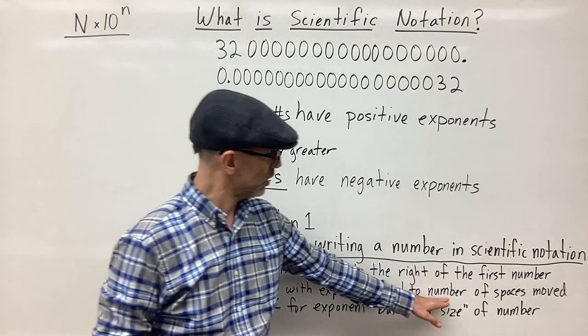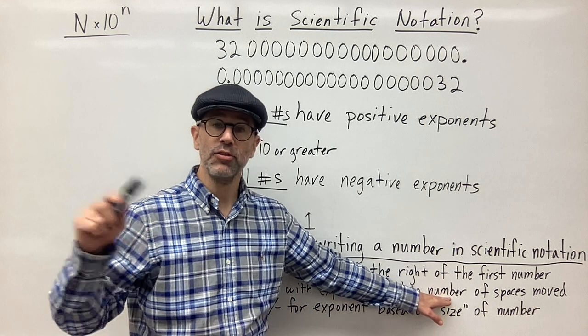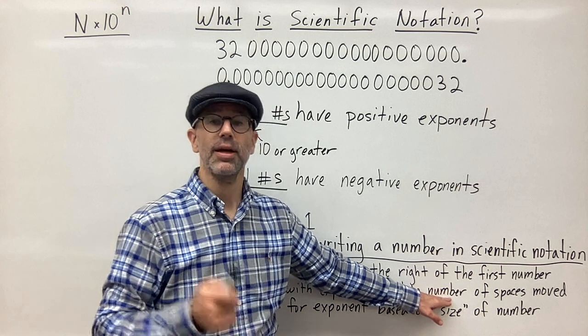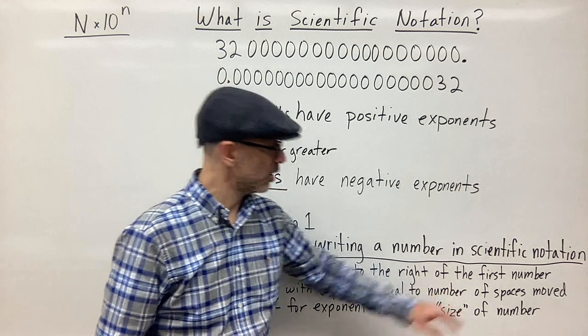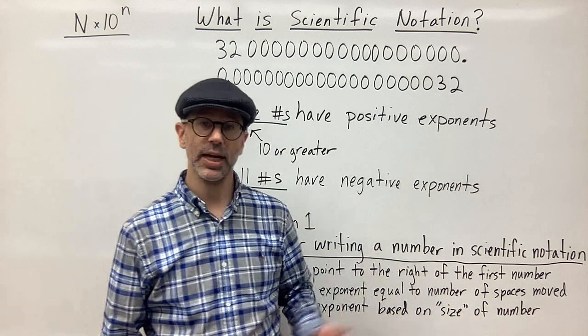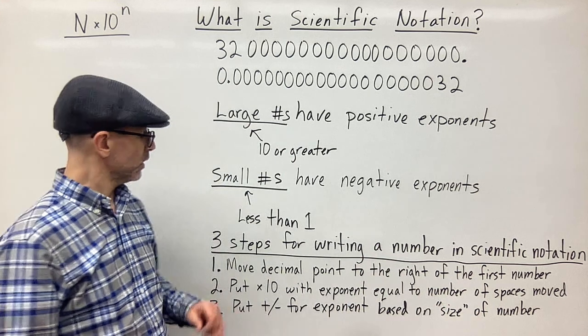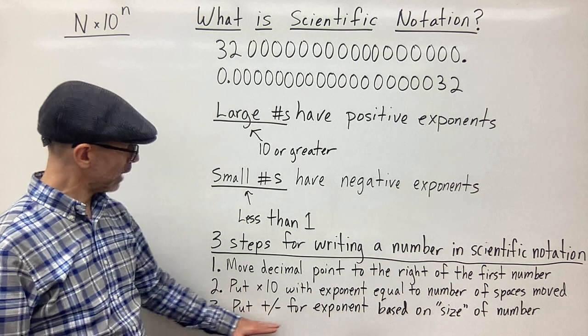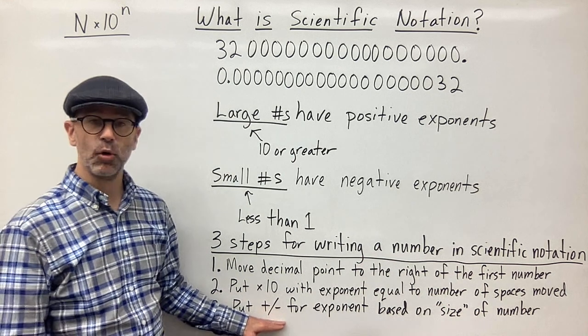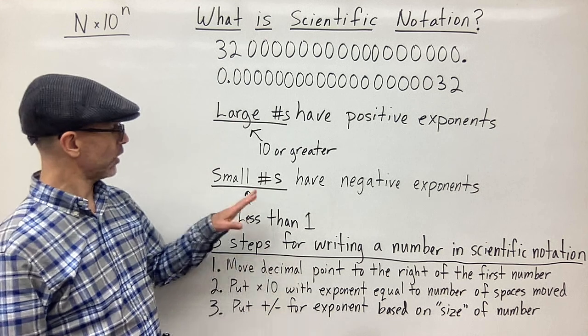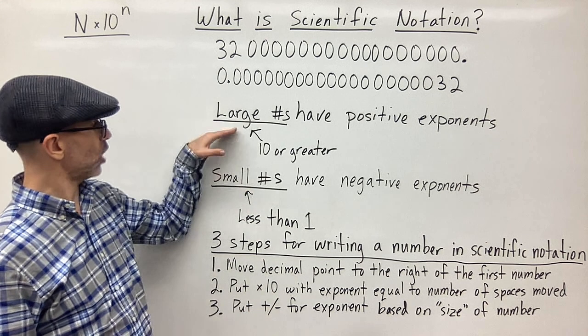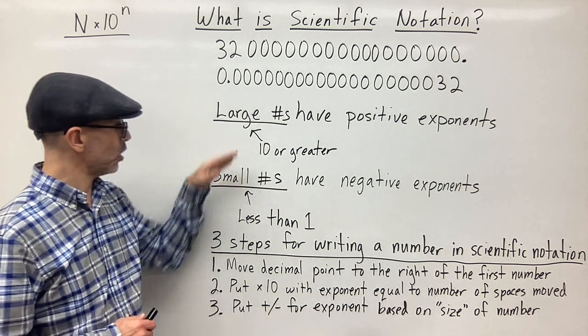So whatever the number of spaces you move the decimal point, that's going to be the number of the exponent. Now, again, I'll show this in a moment. And then finally, you're going to put a plus or minus for the exponent based on whether or not you have a small or large number. Now, let me go back to small and large.